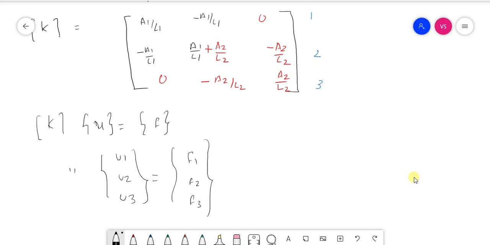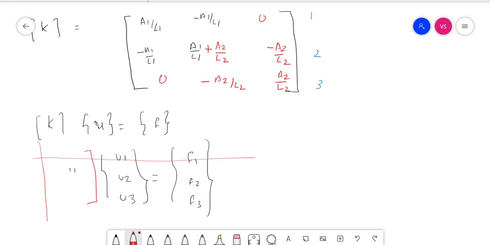But now this is the time to apply the boundary conditions. In the last problem, only node 1 was fixed, so we removed the first row and first column. Now here node 1 and node 3 both are fixed. So from this equation, you will remove the first row and first column in the K matrix.